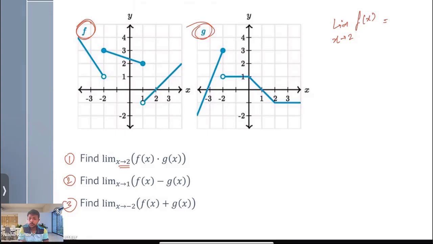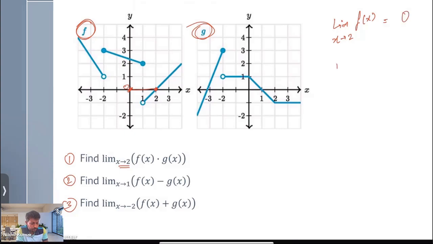When x is approaching this point, I see that the value of this function, that means the value of y, is 0, isn't it? When x is 2, y is 0. So this is 0. We can see that from the graph.